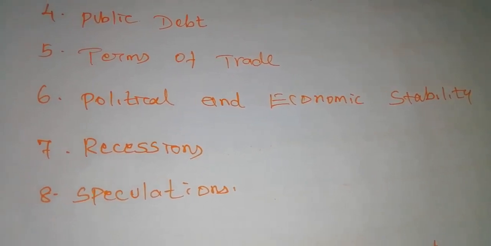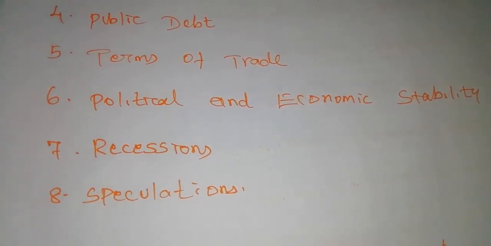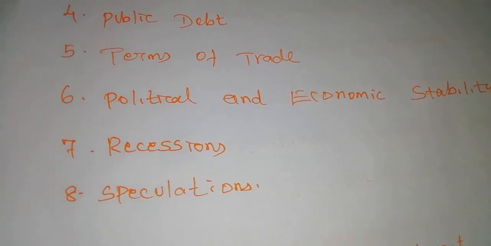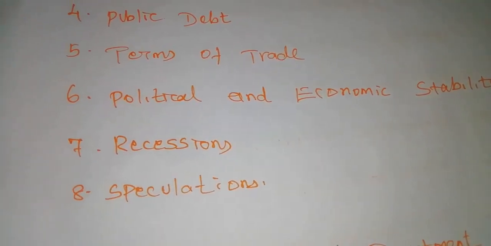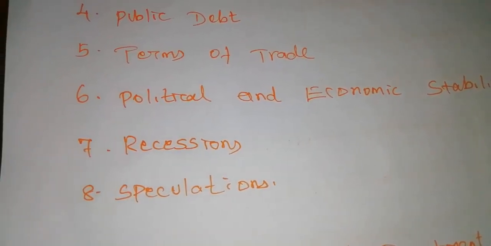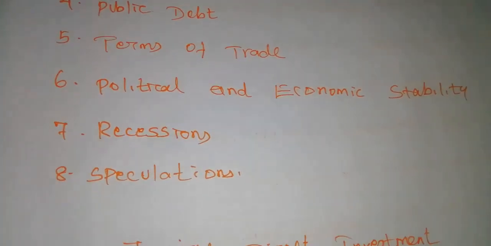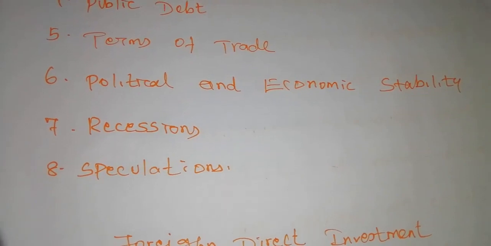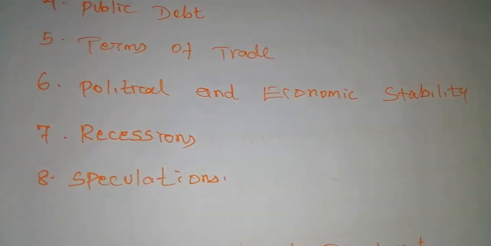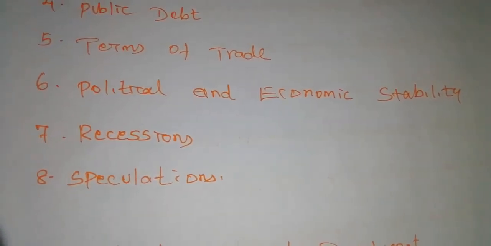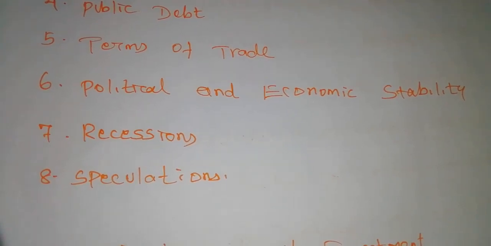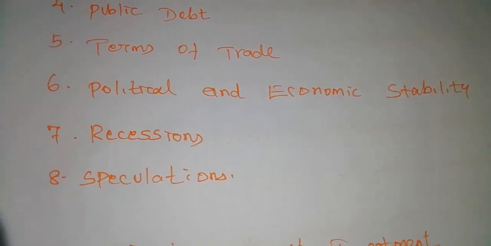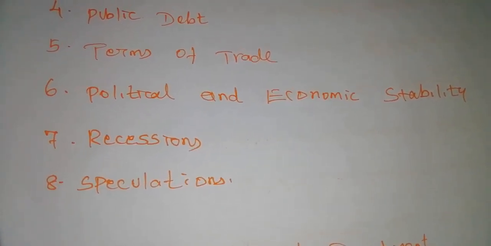Next, political and economic stability. If a nation's political climate is stable and economic performance is good, its currency value will appreciate by attracting more foreign capital. If foreigners want to invest in the domestic country, we must have a stable political climate and good economic performance.